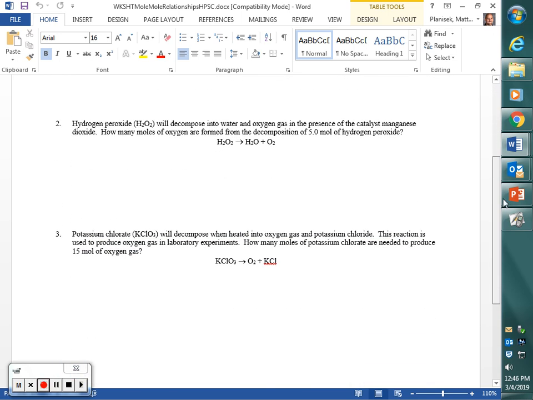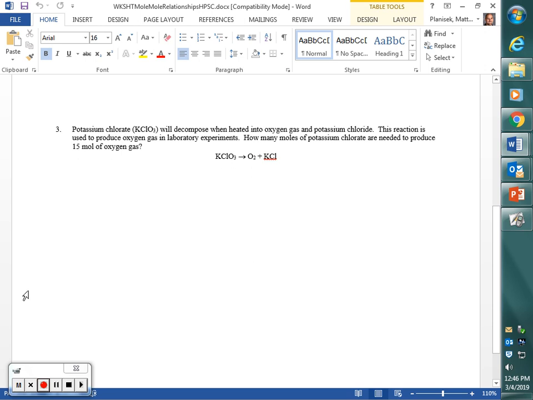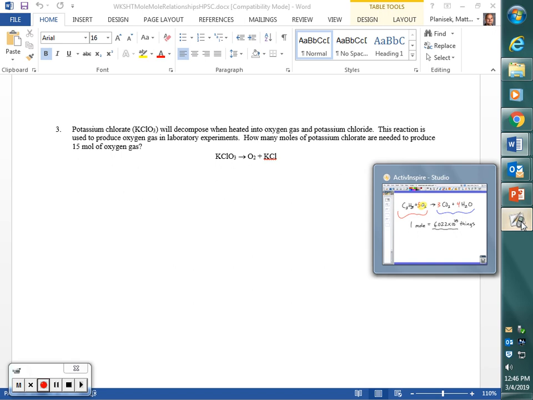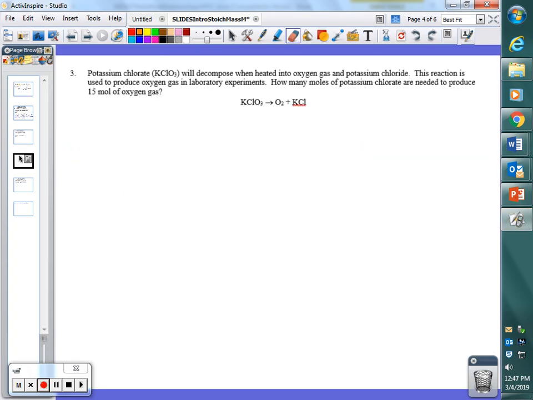Question number 3 talks about a specific decomposition reaction. So question number 3 from that sheet says potassium chlorate, but it gave you the formula right here, will decompose when heated into oxygen gas and potassium chloride.